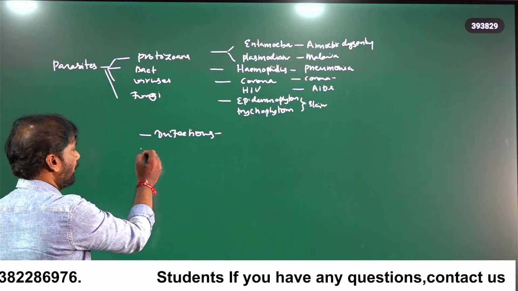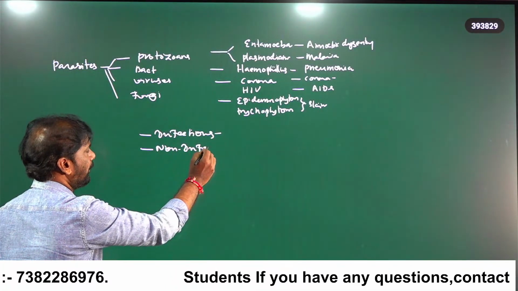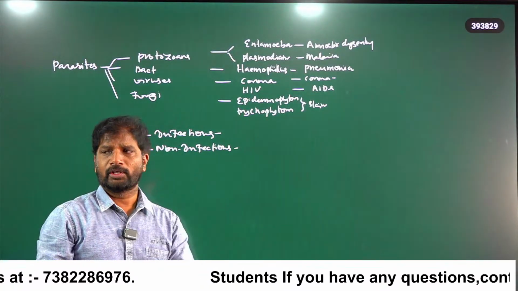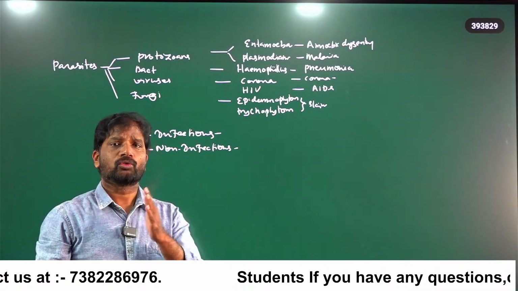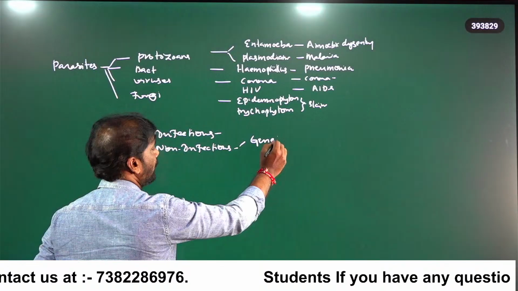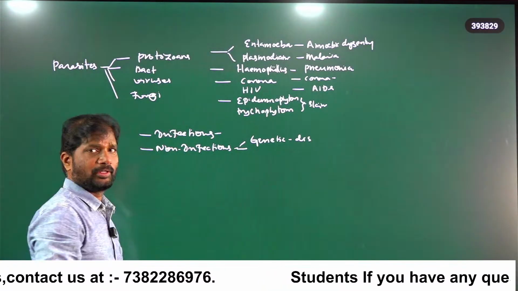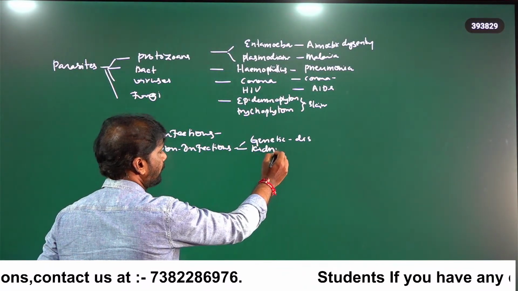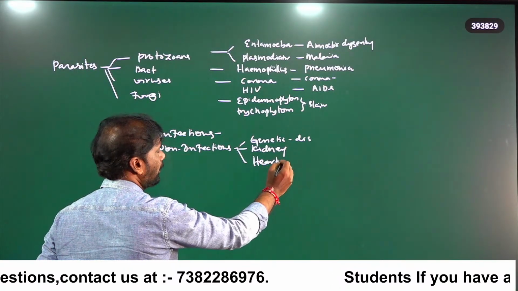There are also non-infectious disorders. What are non-infectious disorders? They do not transmit from one person to another. Here they are the genetic disorders, kidney problems, and heart problems.